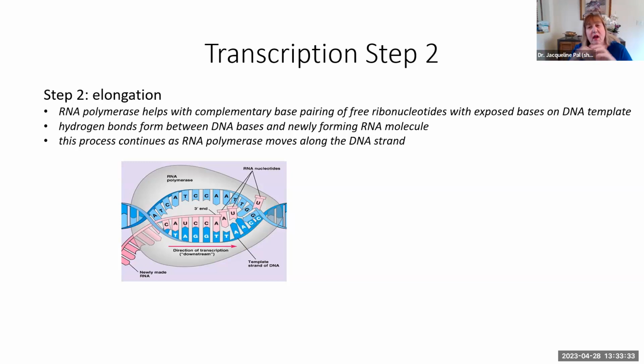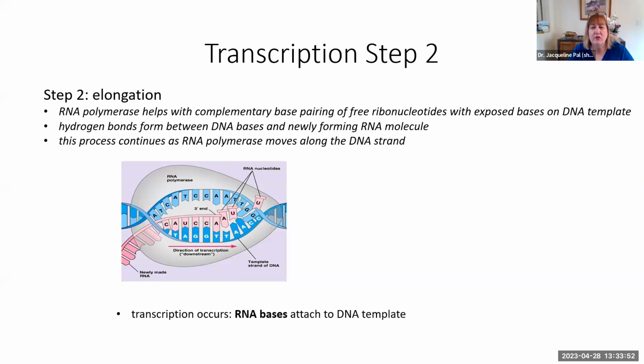And so it's going to bring all these complementary bases. And once the RNA base is next to its DNA base, then little hydrogen bonds are going to form to kind of hold them in place. And that's going to continue along that whole bubble as the RNA polymerase moves along.